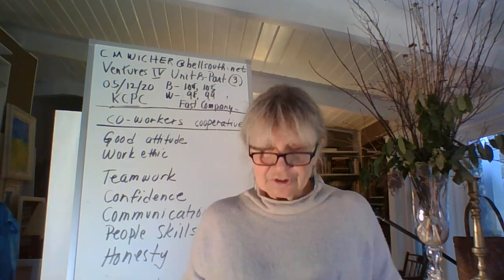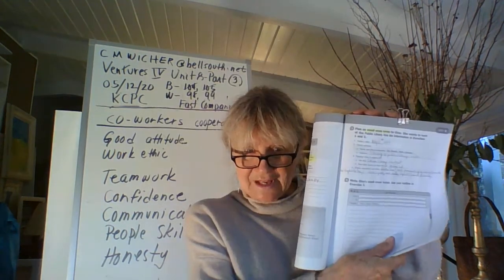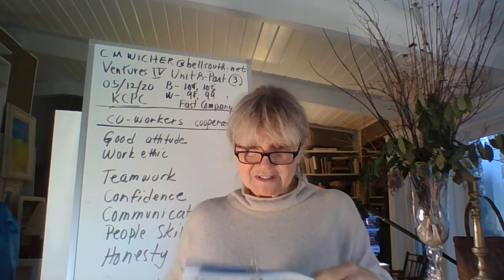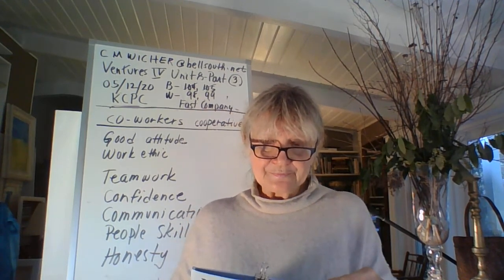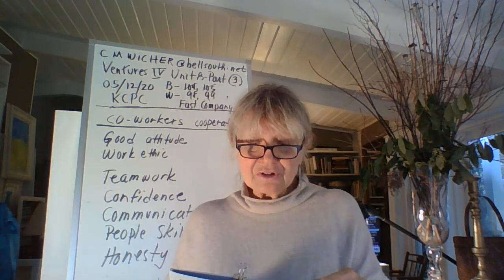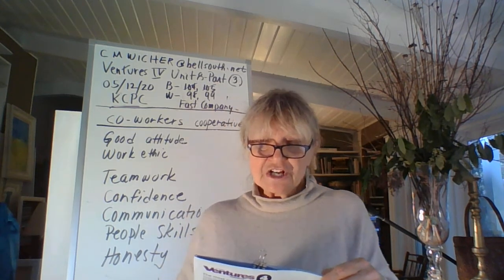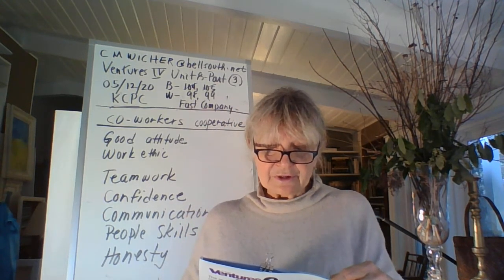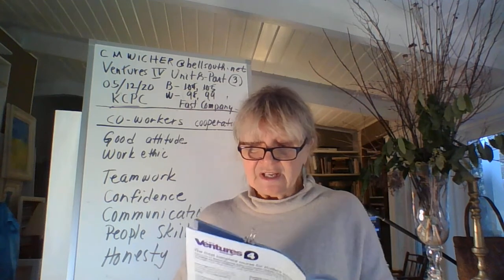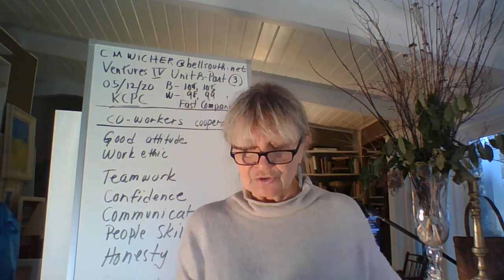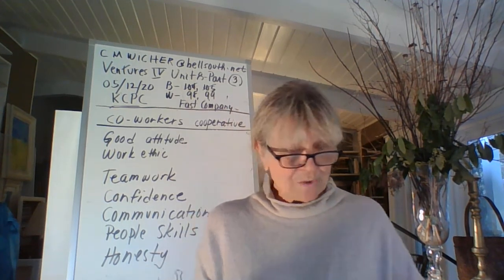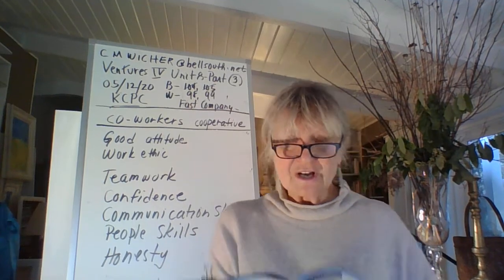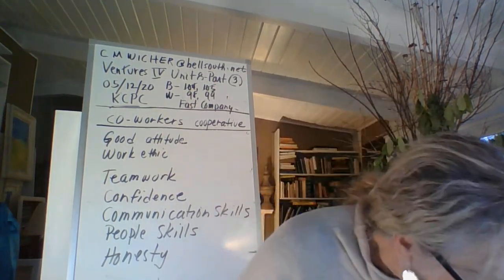Let's go over to page 99 and review what we just did on the preceding page. Plan an email cover letter for Gina. She wants to work at the public library. Use the information in exercises 1 and 2. So this is very similar to what you're going to be doing in the book on page 105.